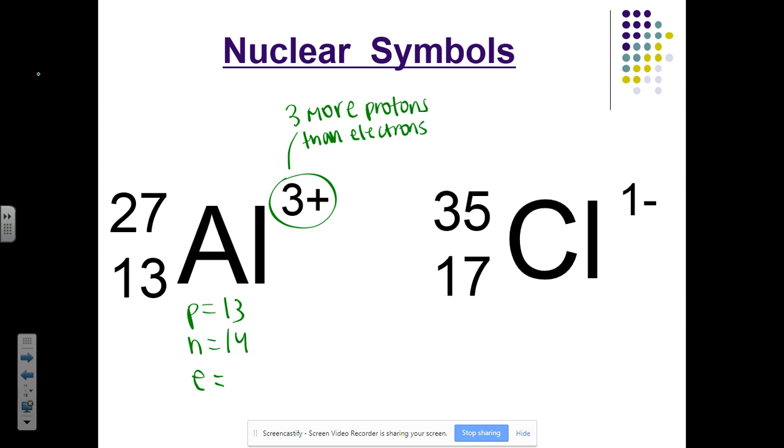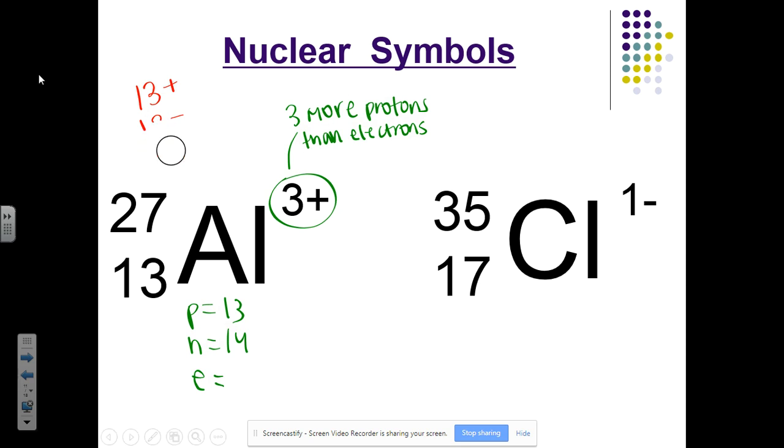So each proton contributes one positive charge, each electron contributes one negative charge. Okay, so if we had 13 protons, 13 positive charges, and we had 13 negative charges, overall the charge would be 0. But in this scenario, we have an overall charge of 3.